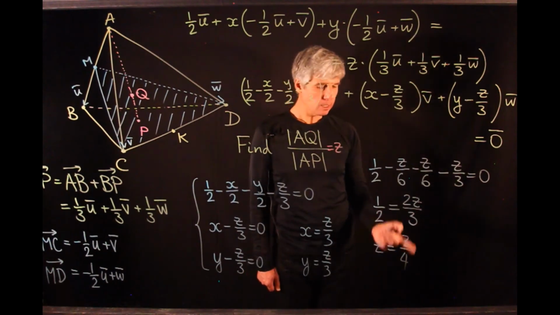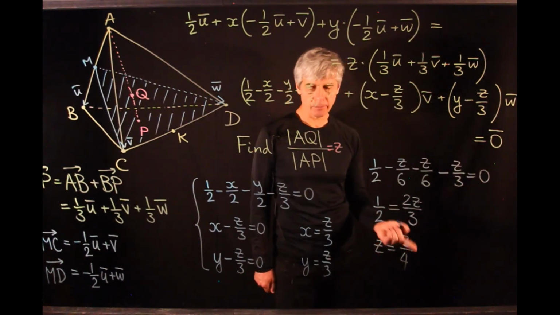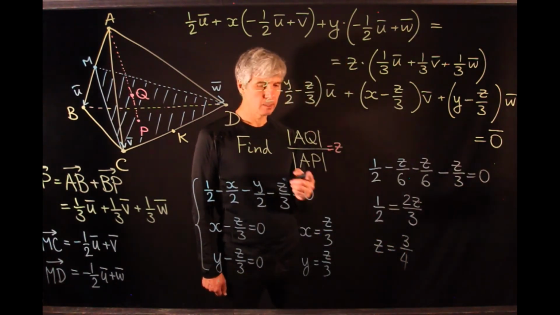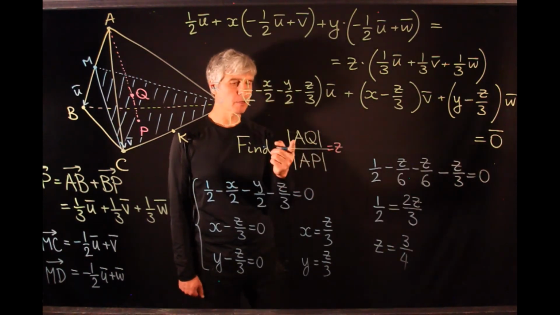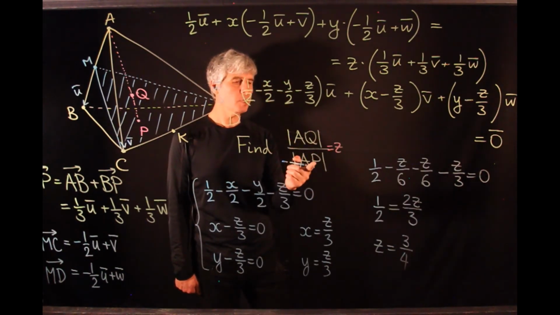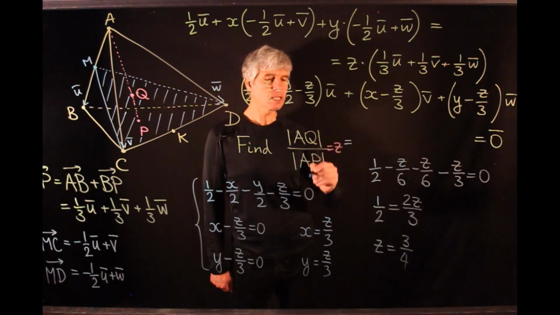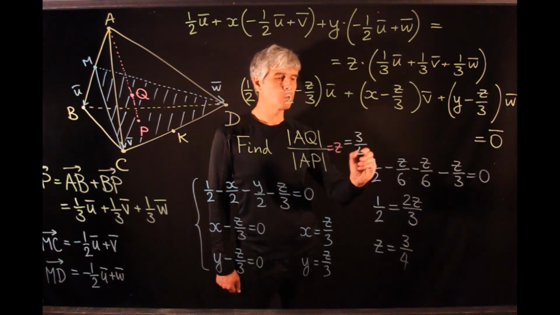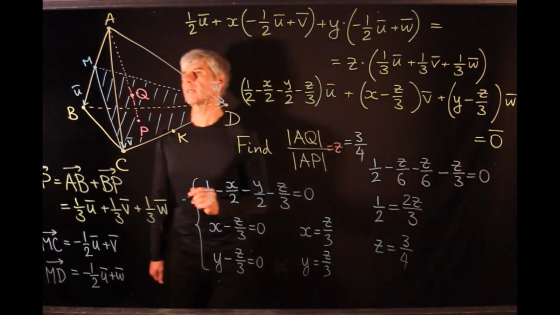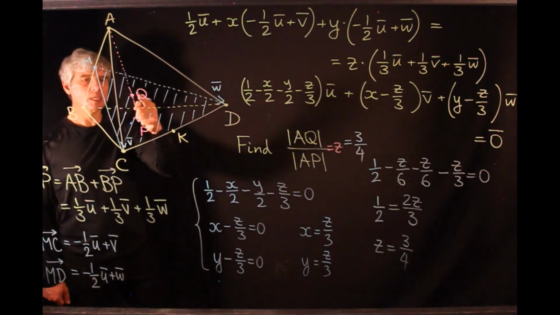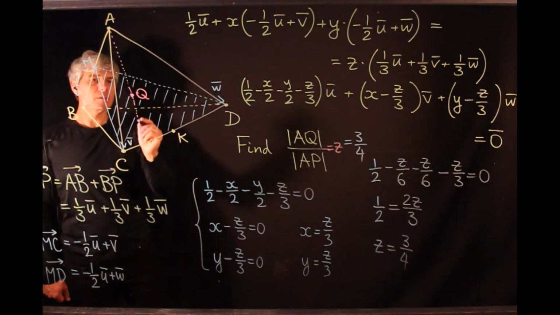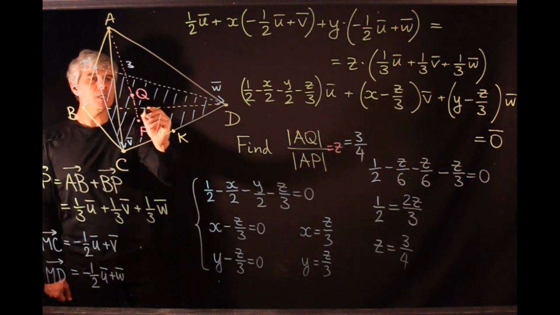And this is exactly the quantity that we seek. So here we need to find the ratio of AQ to AP, and what we see is that this ratio is 3/4. So this means that the point Q splits AP in proportion 3:1.